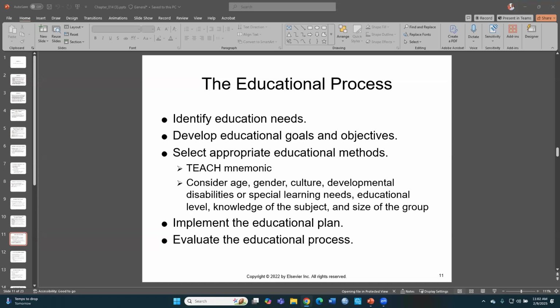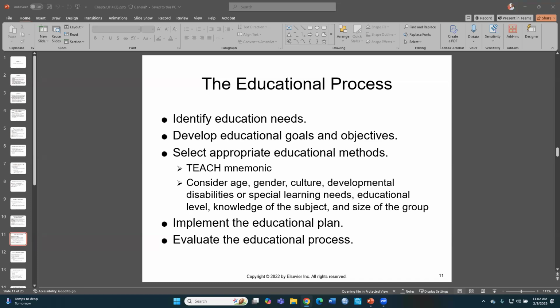Also, when we're looking at selecting appropriate educational methods, we want to consider the age, the gender, the culture, any developmental disabilities or special learning needs, their education level, their prior knowledge of the subject, as well as the size of the group, right?